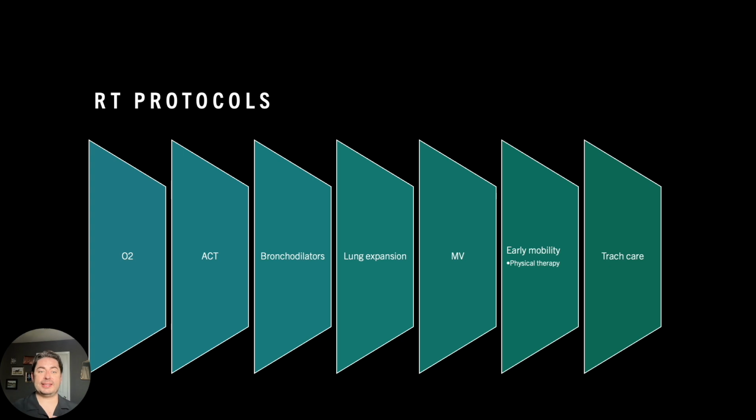Why don't we treat the entire body the same way and the muscular skeletal system by getting these patients up and walking them early, utilizing physical therapy and preventing muscle wasting from them being in bed for weeks and months on end.